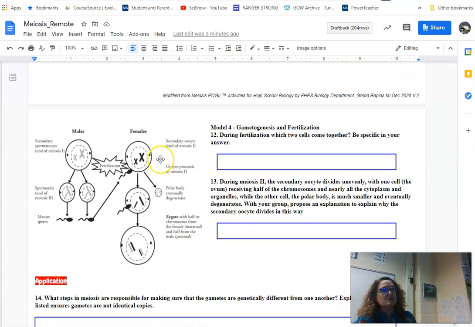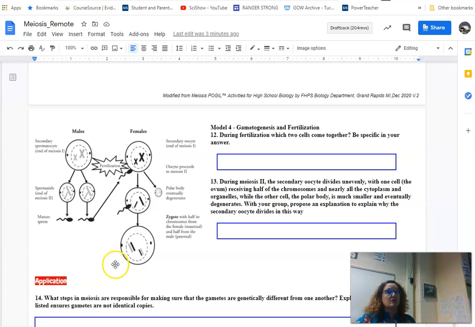The final thing is looking at fertilization. Here's that sperm, like I mentioned, that could be produced from this process of meiosis. And then here's an egg that's also from this process of meiosis, and then you get your zygote. This was the cell that was dividing and growing in the uterus, created in the fallopian tubes and then moved through them into the uterus.